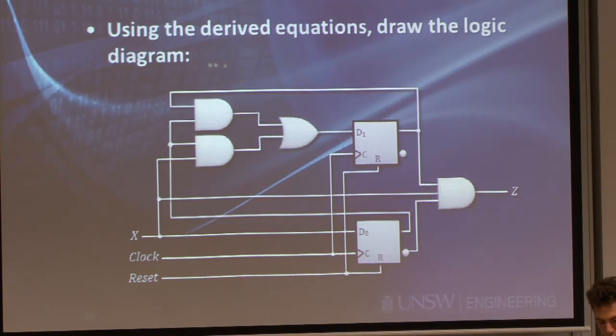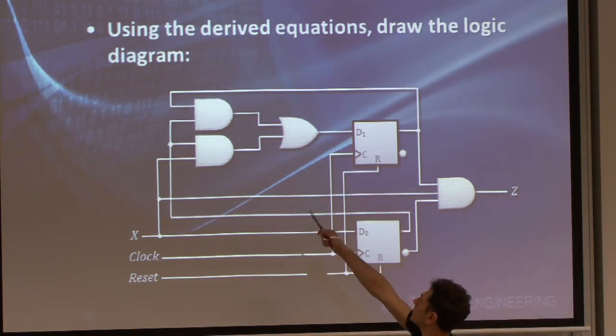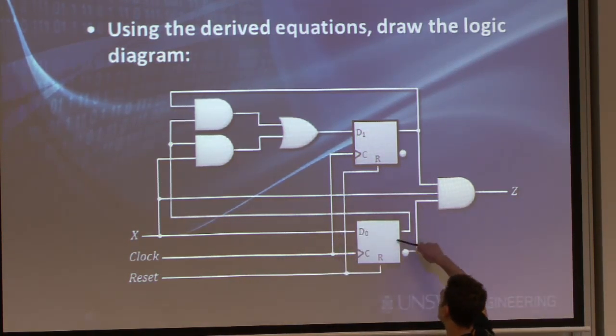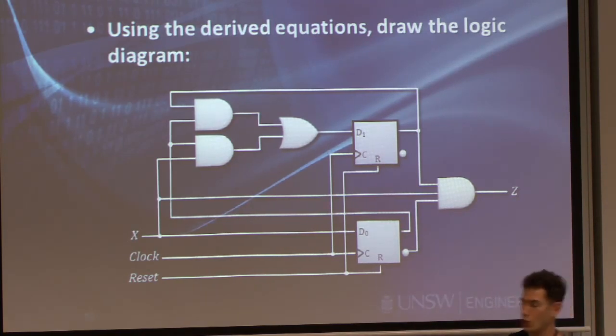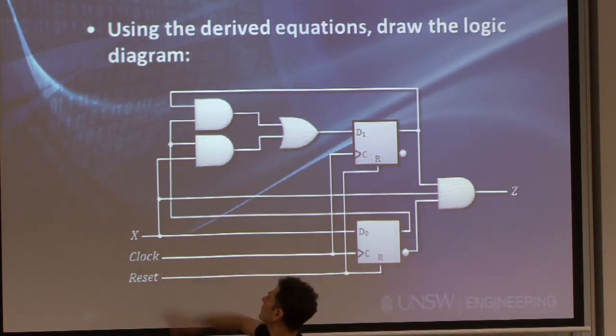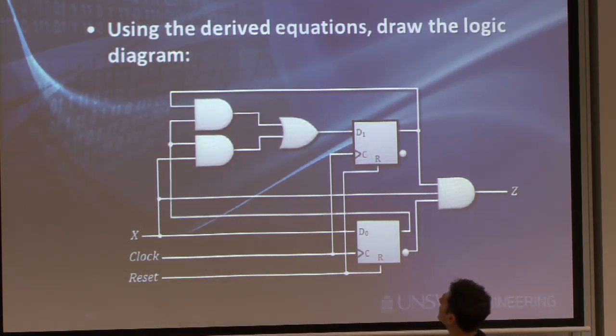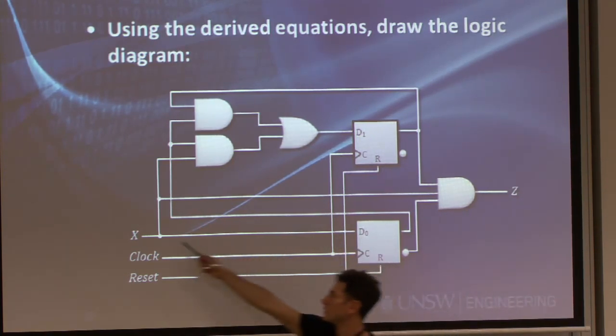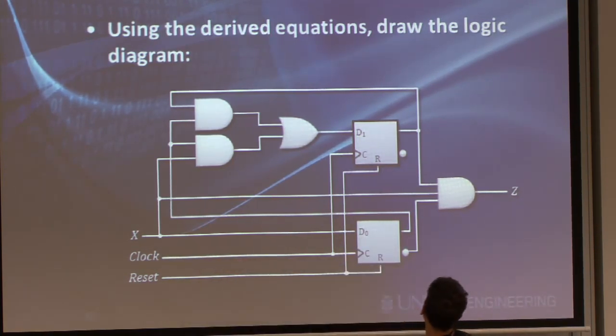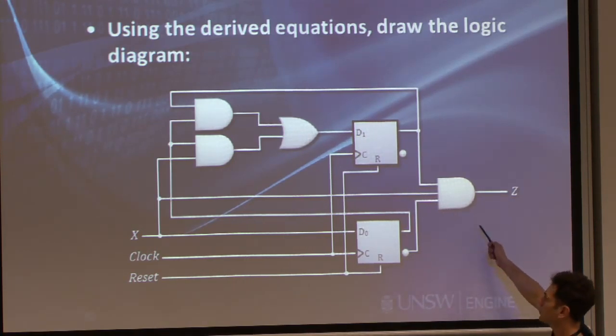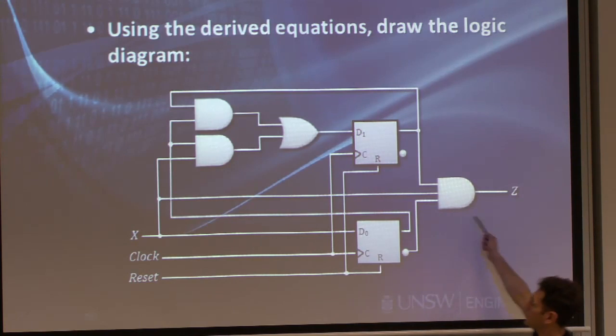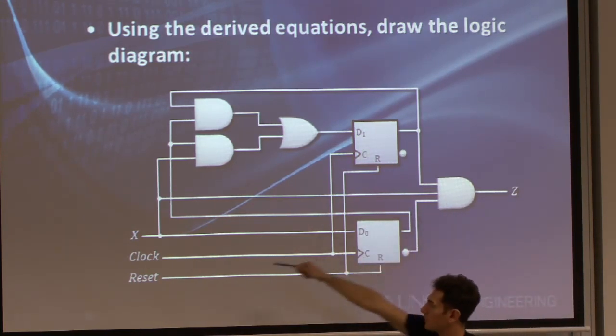Here's the combinational logic that will drive D1, and you can verify that the inputs to this combinational logic are coming either from the outputs of the flip-flops or from the external X. We said this one will be connected directly to X. And we have the Z output, which is really just an AND gate, with a couple of outputs from there, and the X inputs coming from there.